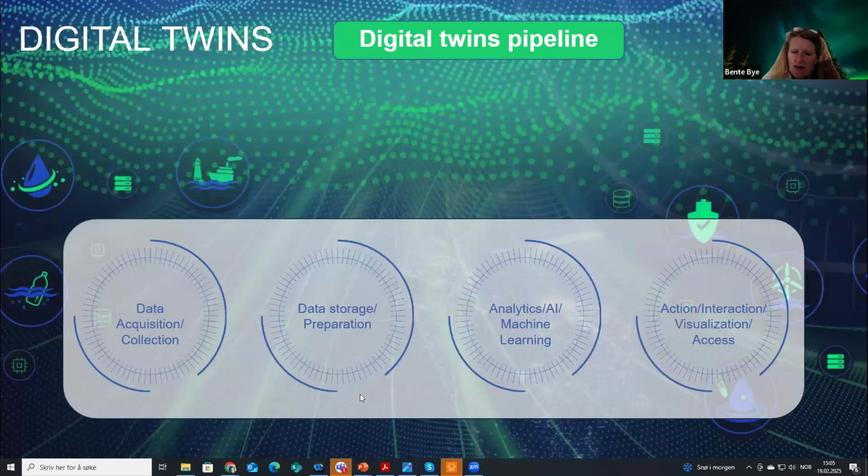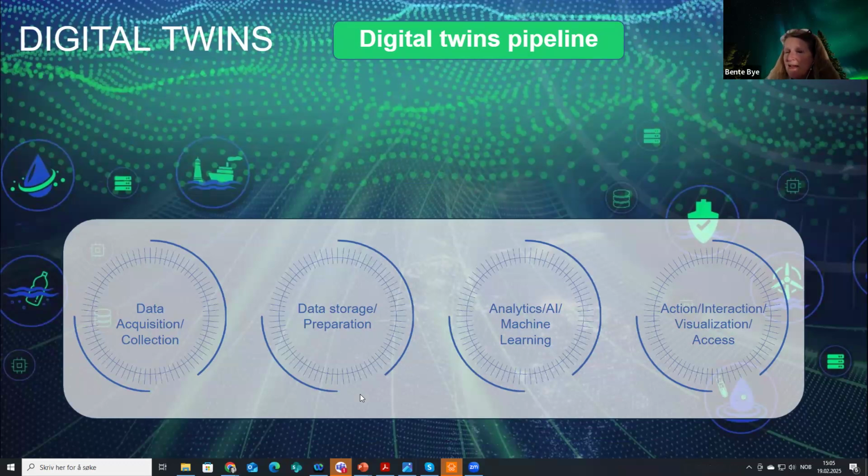When we are looking at the components and the technologies of digital twins, I would like to show you here the data pipeline, or the digital twins pipeline. It starts with the data acquisition and collection of data. It could be from space or from various sensors.